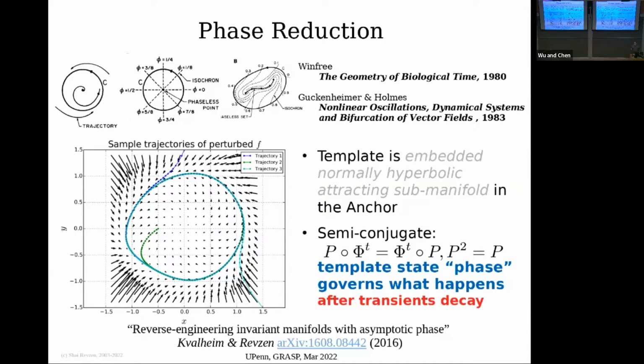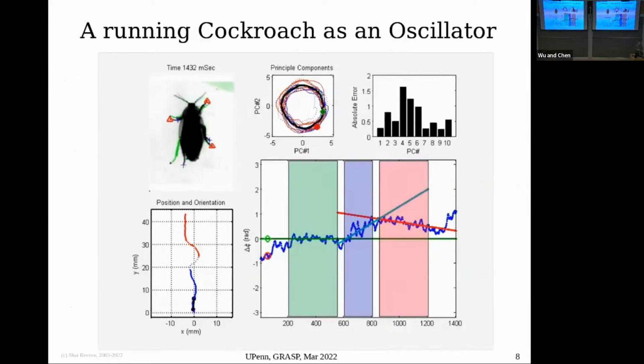And I spent an inordinate time as a grad student trying to do that sort of modeling on cockroaches. And this is a video that people have seen me show for 10 years, where I actually show that a running cockroach is an oscillator. What's an oscillator? An oscillator is a loop in state space that is stable. And you see the projection of the state of the cockroach on the left on its 2 principal components.